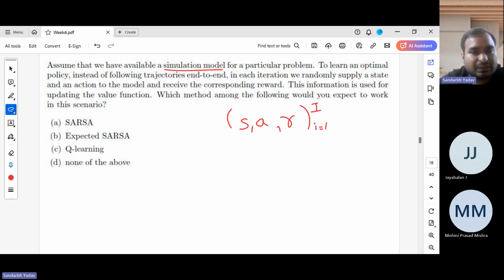Someone asked this question: why do we need both an estimation policy and a behavior policy? The answer is that sometimes it's hard to estimate some policies. Their Q value function is hard to estimate, so we use a simple behavior policy.